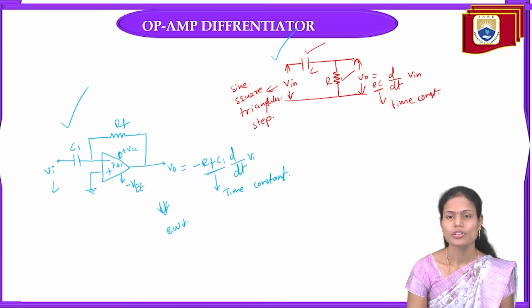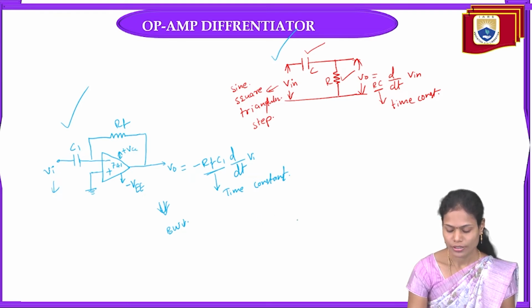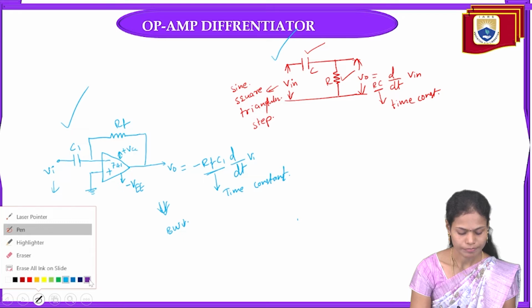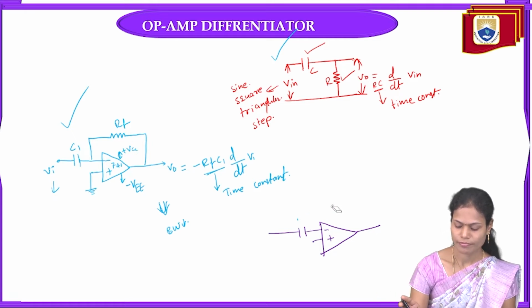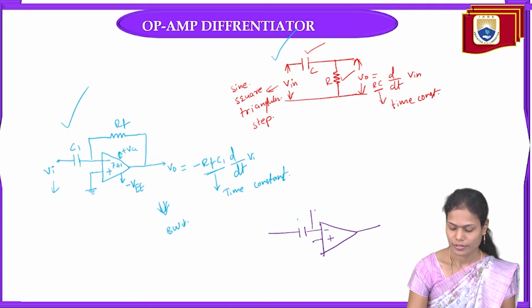So in order to improve the bandwidth and to come out of the saturation level, we move to the practical differentiator. How do we design this practical differentiator? I take the same ideal differentiator, with the operational amplifier and, at the inverting terminal, the capacitor and the RF resistance.